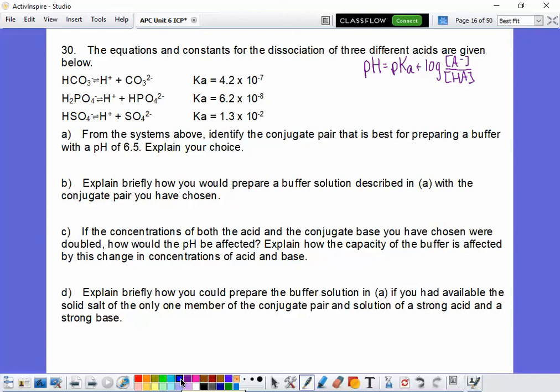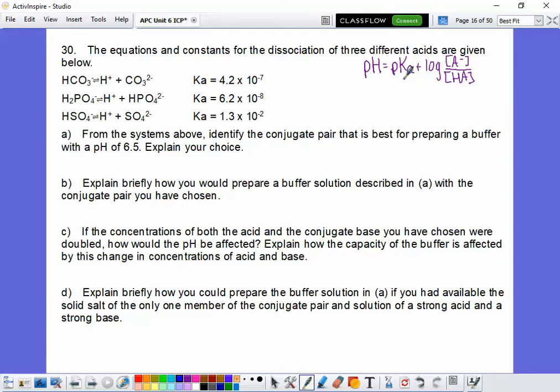No, the only way you can change it is by using a different substance, because the pKa is dependent on what? The Ka, which the Ka is dependent on the substance that it is. It's kind of like it's based on the identity of the substance. Okay, I can't take an acid and change its Ka because it doesn't make any sense. All right, so the pKa isn't going to change. So I have no control over that.